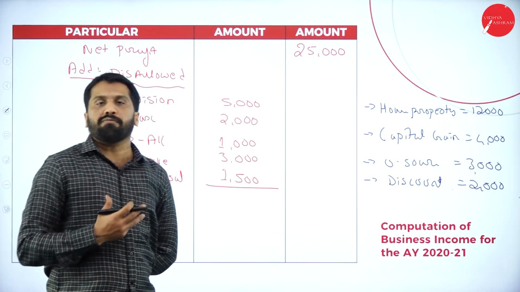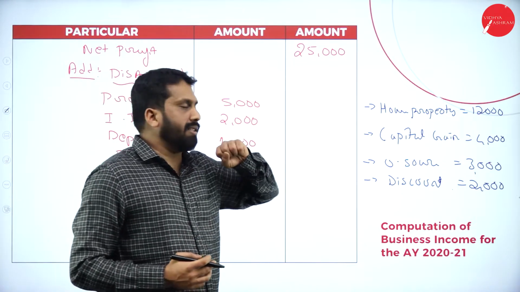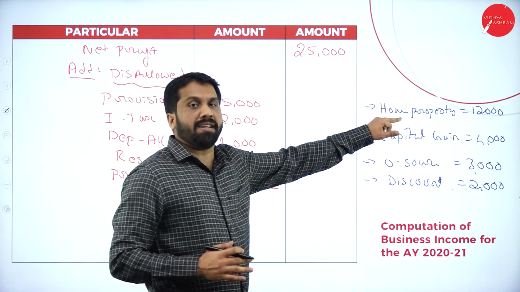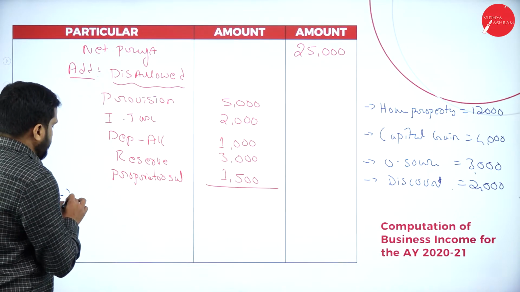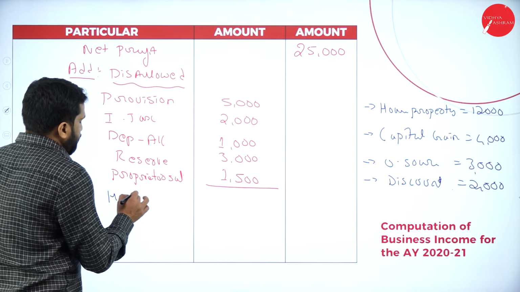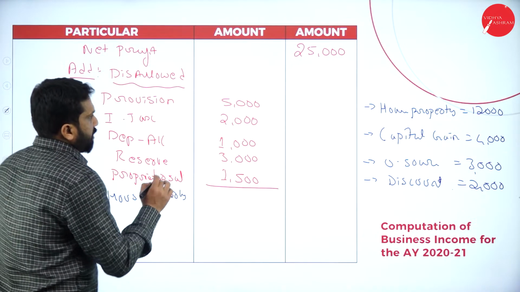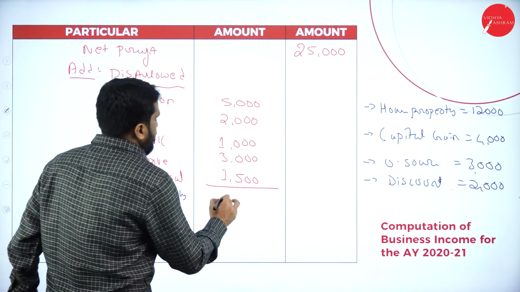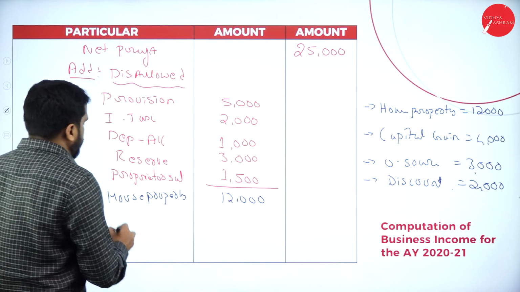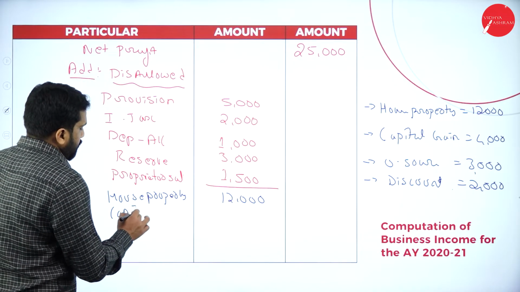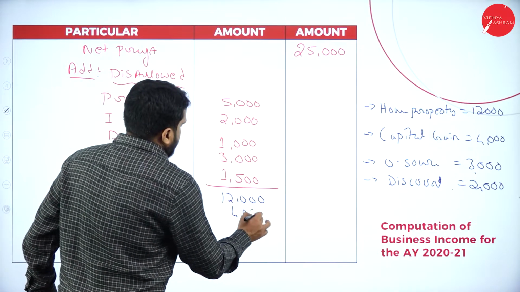Now you are supposed to find out which are not related to business. In this, your house property is not related to business. Take that minus house property income not related to business. How much is it? 12,000. Next, capital gain 4,000.